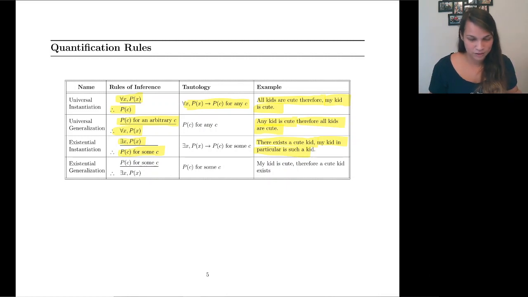Then existential generalization, again, these names, don't memorize them. You've got P of C for some C holds, therefore we have found an X that exists. There exists an X so that we'll get the statement P of X in particular. It's going to be that C because I already told you.